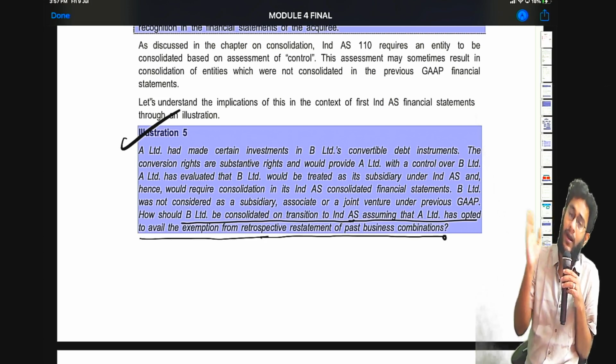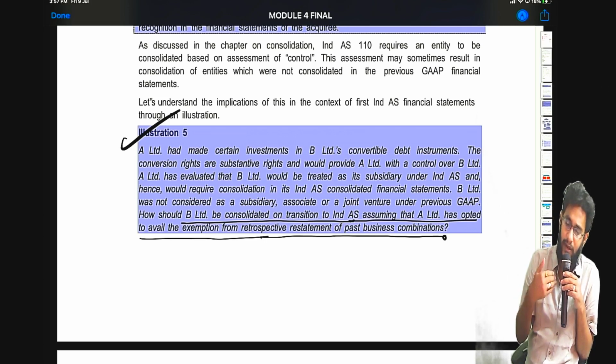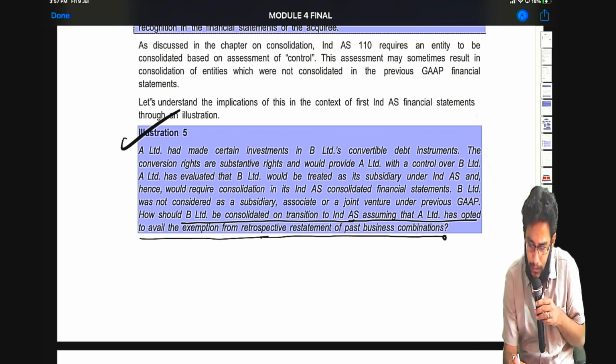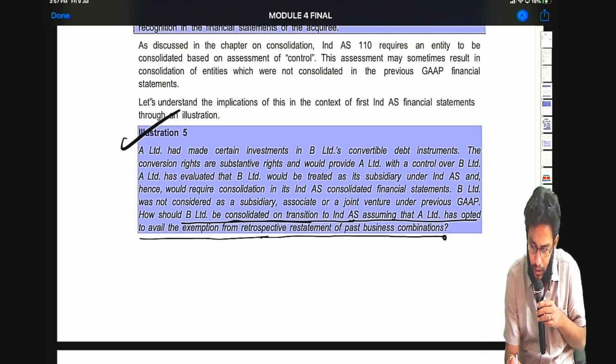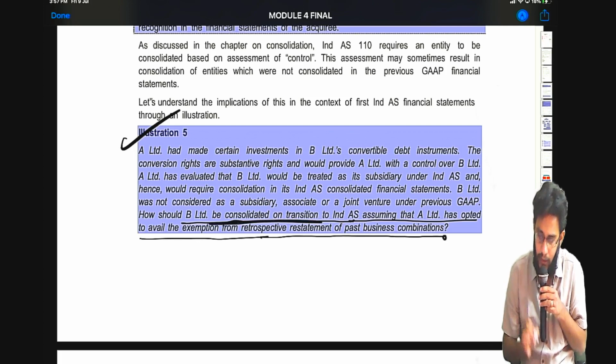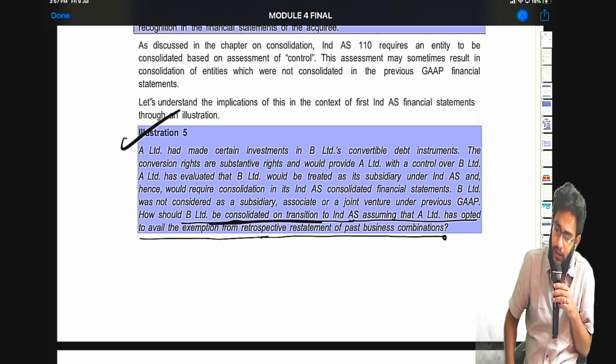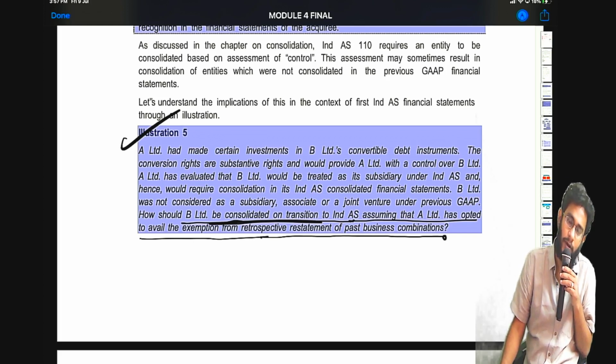But earlier, when A Limited was applying AS, B Limited was never regarded as a subsidiary, consolidation was not done in the past. And now, how should B Limited be consolidated on transition to Ind AS, assuming that A Limited has opted to avail the exemption from retrospective restatement of past business combination?